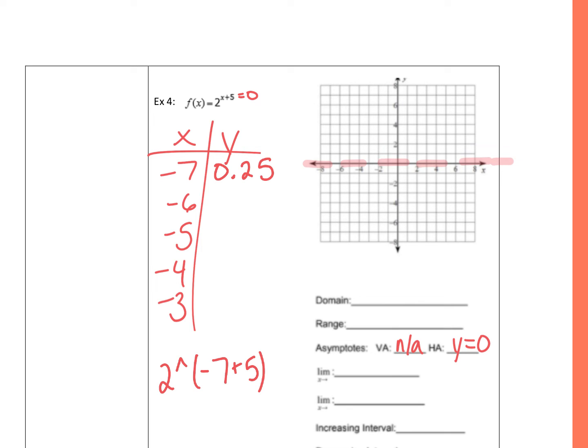And now type in negative 6, negative 5, negative 4, and negative 3. Cool. So we'll go ahead and plot those. Okay, so it should look something like that.